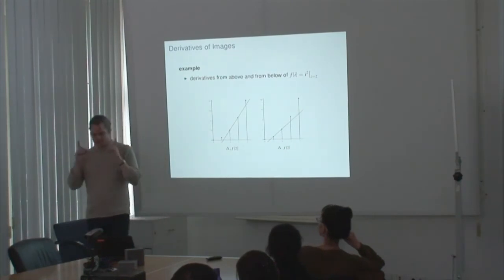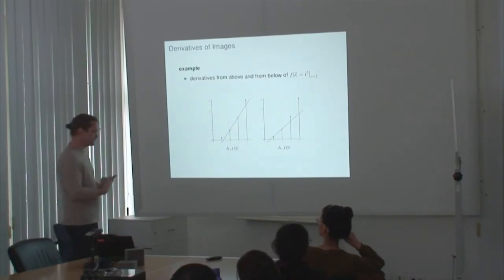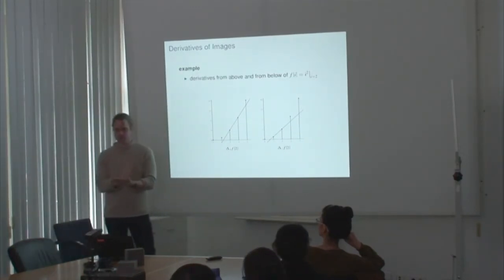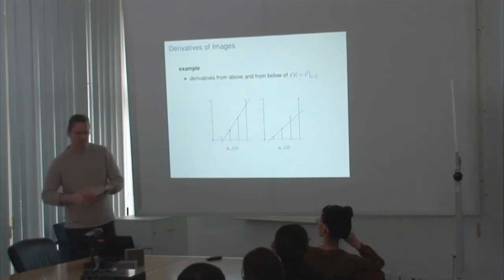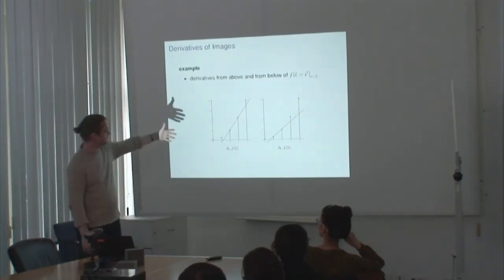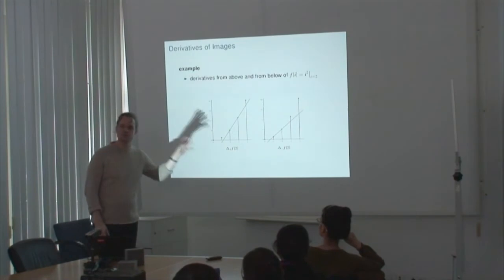Right. And we just said for continuous functions, the notion of being differentiable at a certain point is defined, and this is really how differentiability is defined, as the derivative from above and below being the same. Now we see that for discrete functions, we'll have a very hard time guaranteeing that those two are the same.